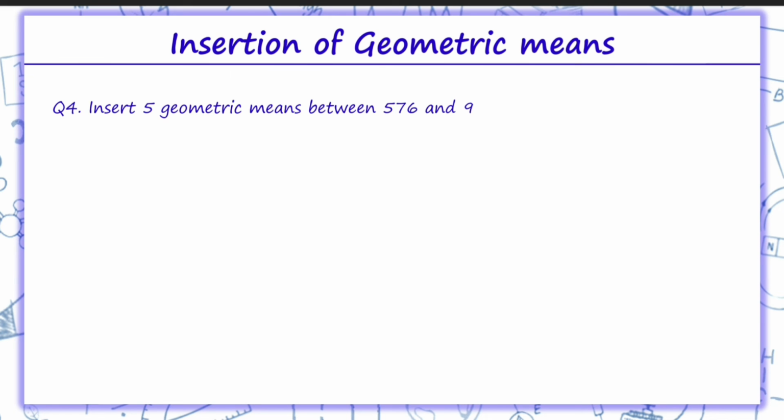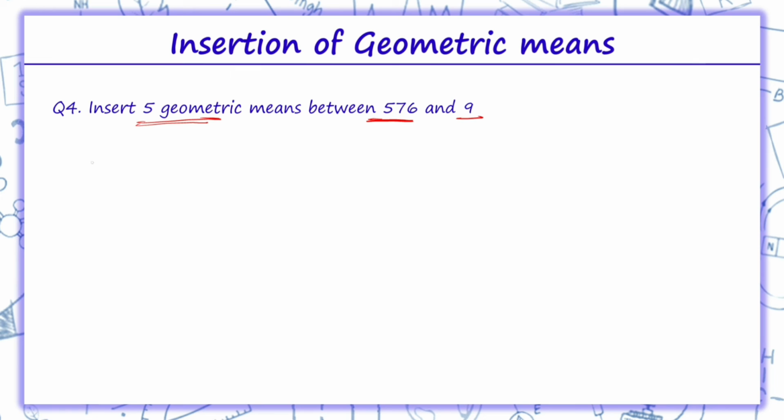Coming to the question, we have to insert 5 geometric means between 576 and 9. So we are provided with 576, then 5 geometric means, that is g1, g2, g3, g4 and g5, and the last term is 9. So the value of n is 7.